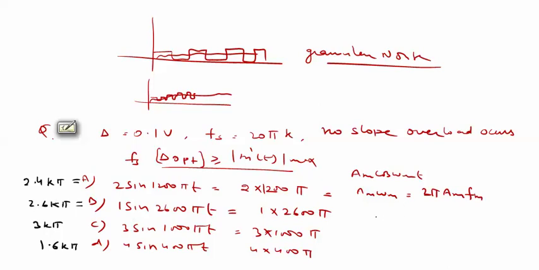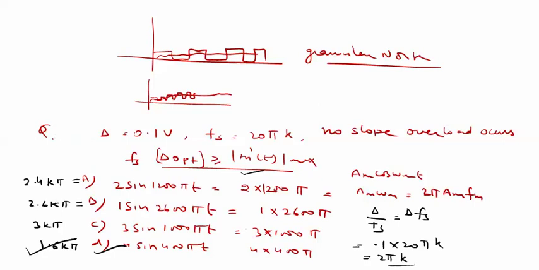To maintain the slope, the formula is m'(t) max, which is available to us as the optimum value Δ upon Ts, Δ·fs. That is 0.1 into 2πk, 20πk, so 2πk is our answer.